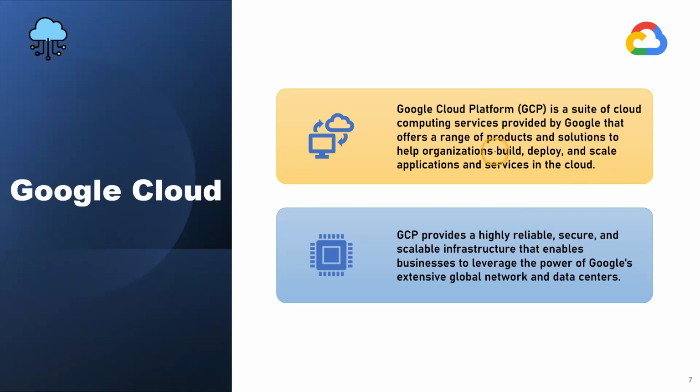You are simply renting the resources, and for whatever computation you use, you pay the cost. That is the pay as you go model: however many resources you use, you pay for that. GCP provides highly reliable, secure and scalable infrastructure, which enables businesses to leverage a global network of data centers.